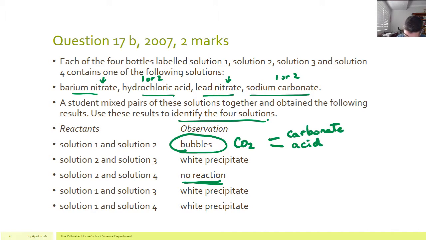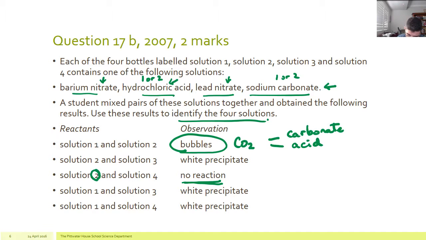However, one of these must be solution 2, and we already said that solution 2 must be one of sodium carbonate or hydrochloric acid. So what sort of reaction are we going to get? Well, the problem with the carbonate is that most carbonates are insoluble. They will produce precipitates. So it's more likely that we're going to get something if we go with the chloride ions if we want no reaction.